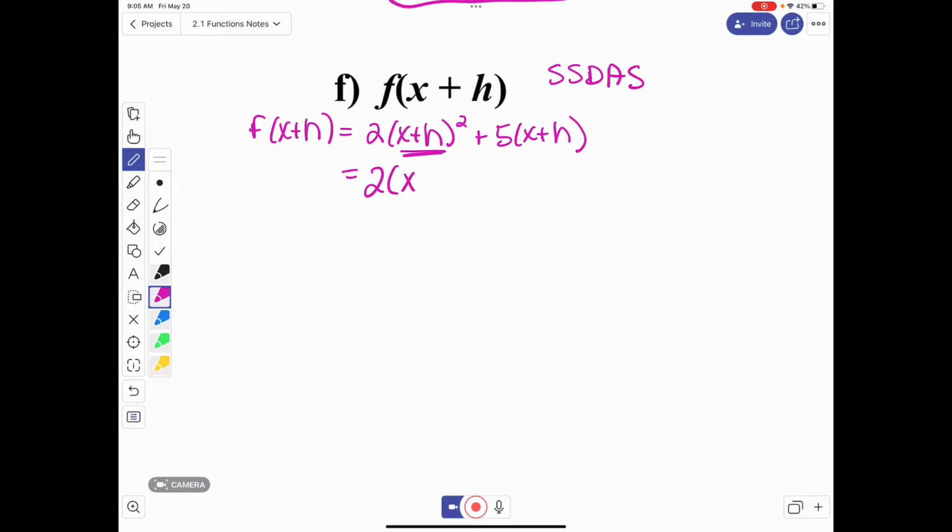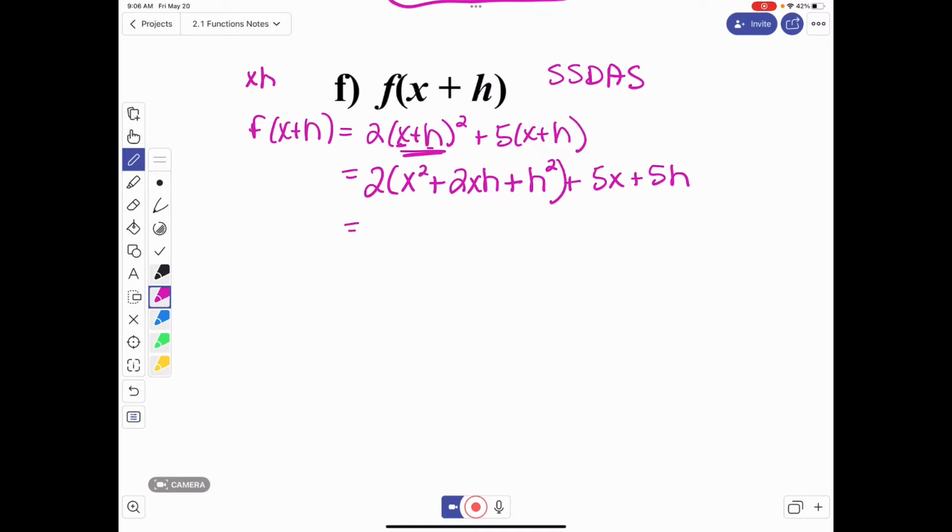So square the first, which would be x squared. Same sign, so I have a plus in there. Double the product. Well, if I multiply the x and the h, I get xh. So if I double it, it's 2xh. And then always plus and square the last. Okay, and then I can distribute my 5. So 5x plus 5h.